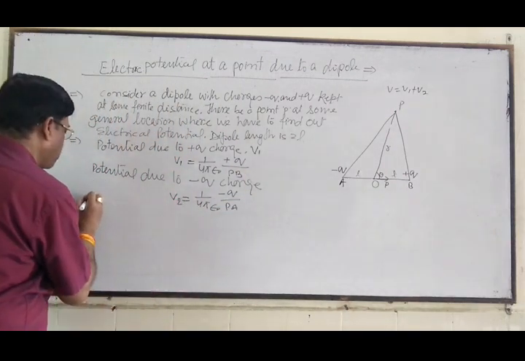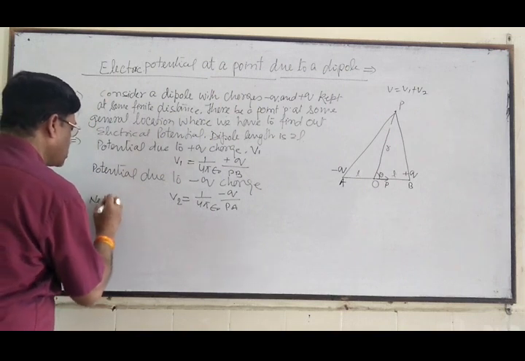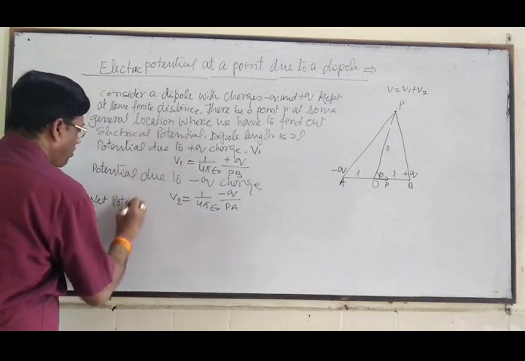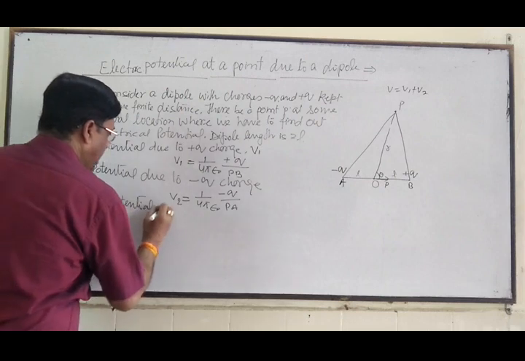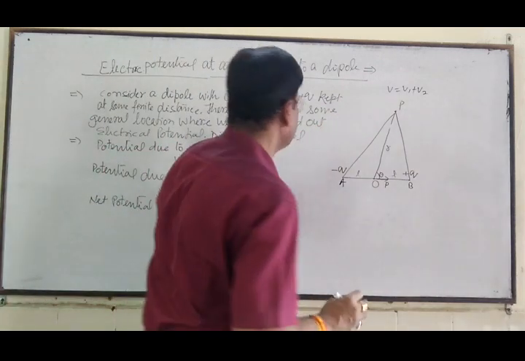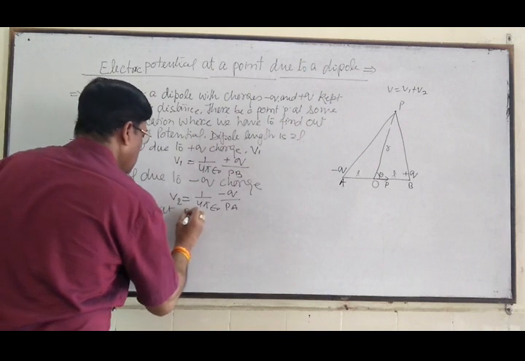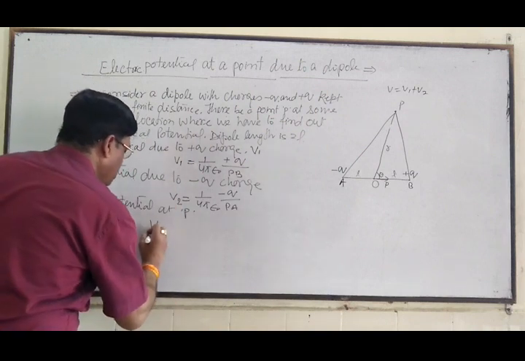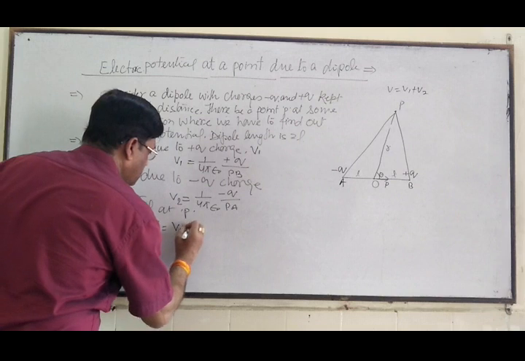The net potential at point P will be V equal to V1 plus V2.